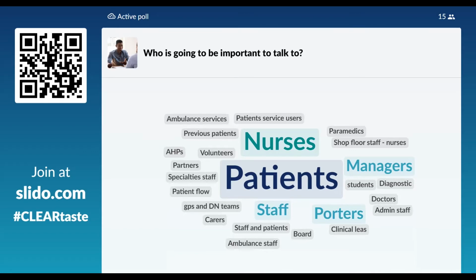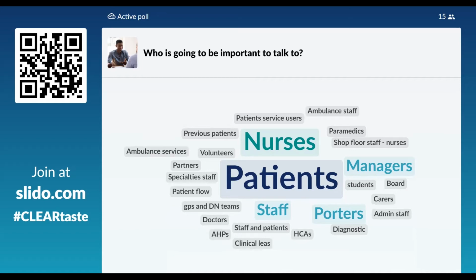It's very important, all the support staff as well, the porters, administrators, pharmacy, everyone who interacts with that emergency department, because it absolutely doesn't sit on its own. It interacts with every other part of the hospital and also organizations outside of the hospital. So really important to have a really wide range of different people to talk to.